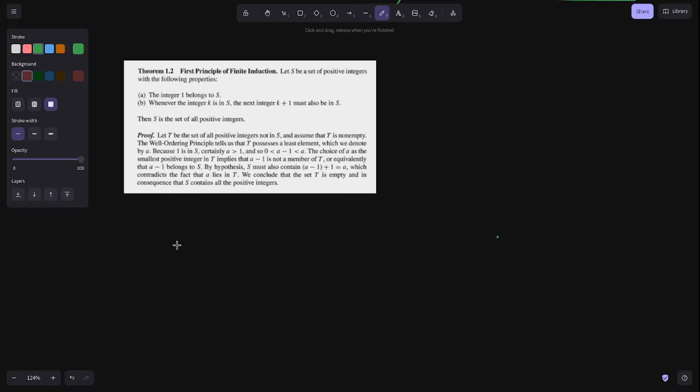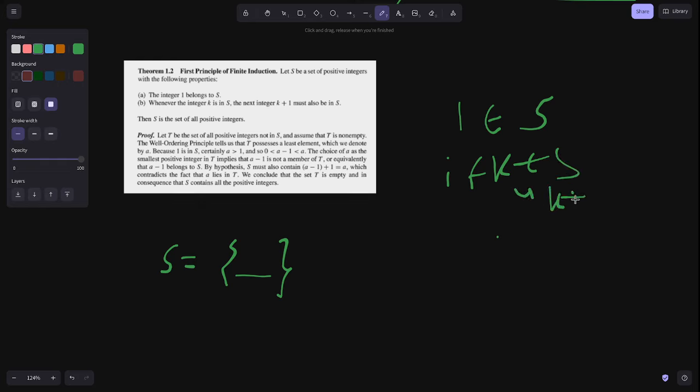Let S be a set of positive integers, 1 belongs to S, and if k belongs to S, so does k plus 1. If this is true, then S will be the set of all positive integers, 1 to infinity. So we can prove it like that.